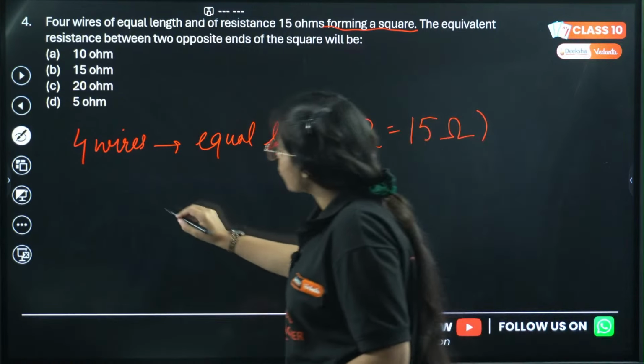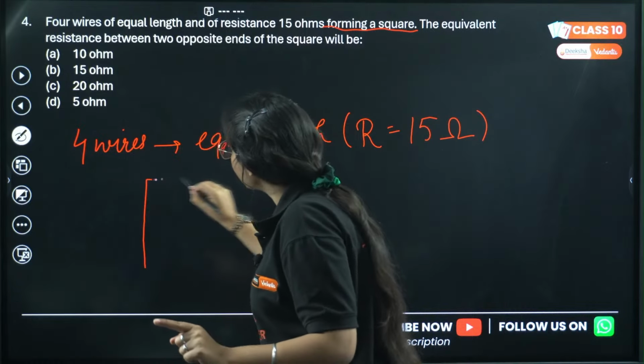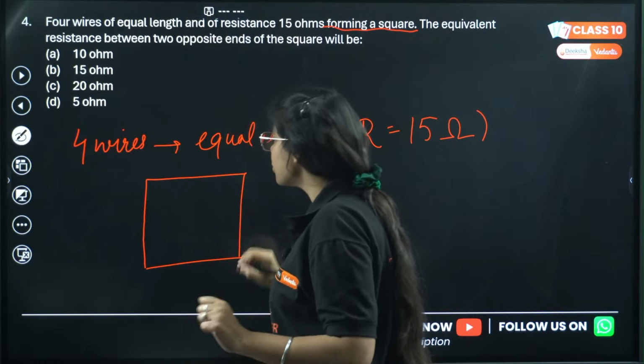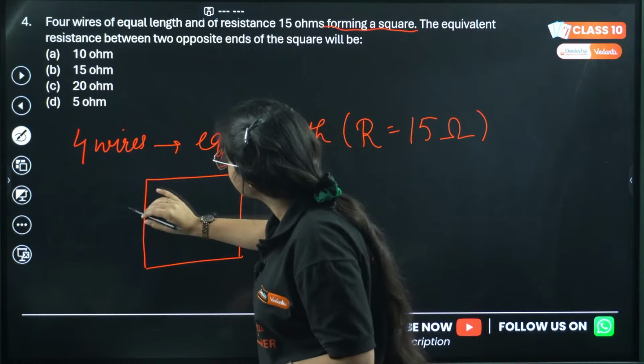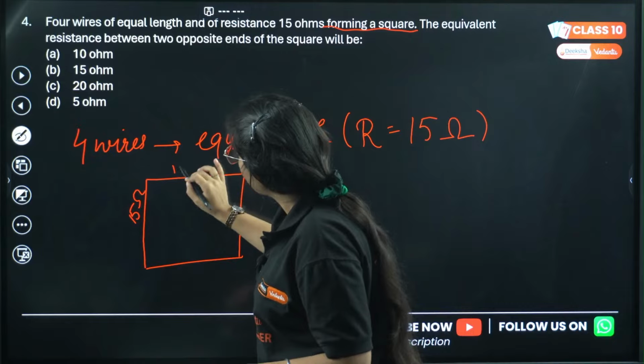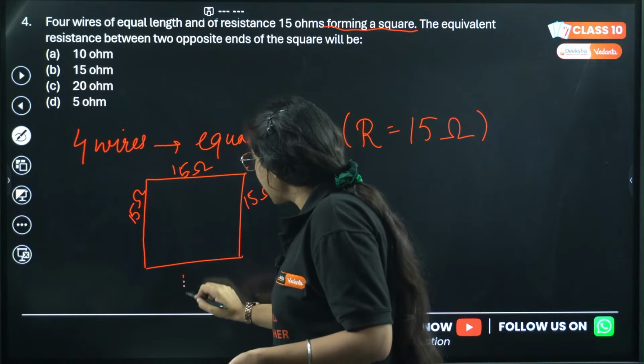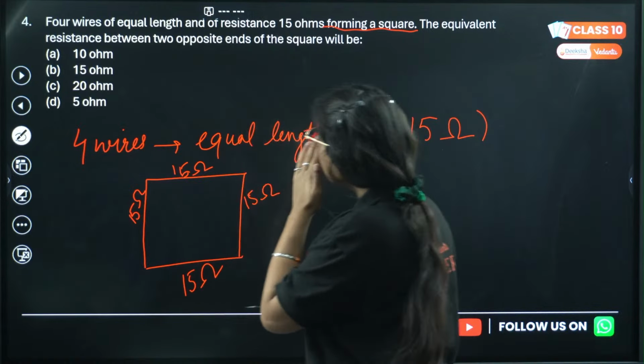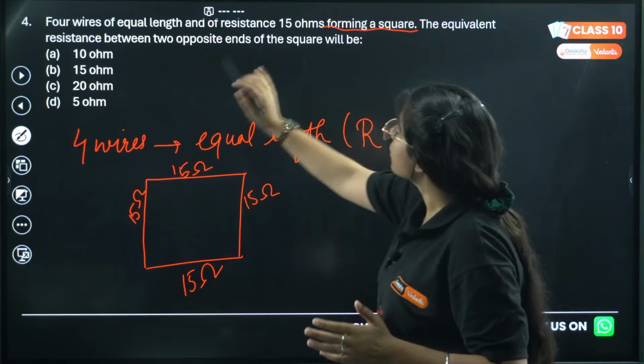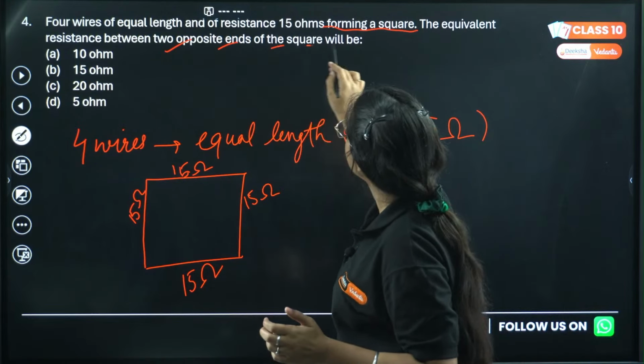Okay. Let's draw the diagram. We have 4 wires of equal length forming a square. Each has a resistance of 15 ohm. This is also 15 ohm, 15 ohm and 15 ohm. What they are asking is the equivalent resistance between two opposite ends of the square.